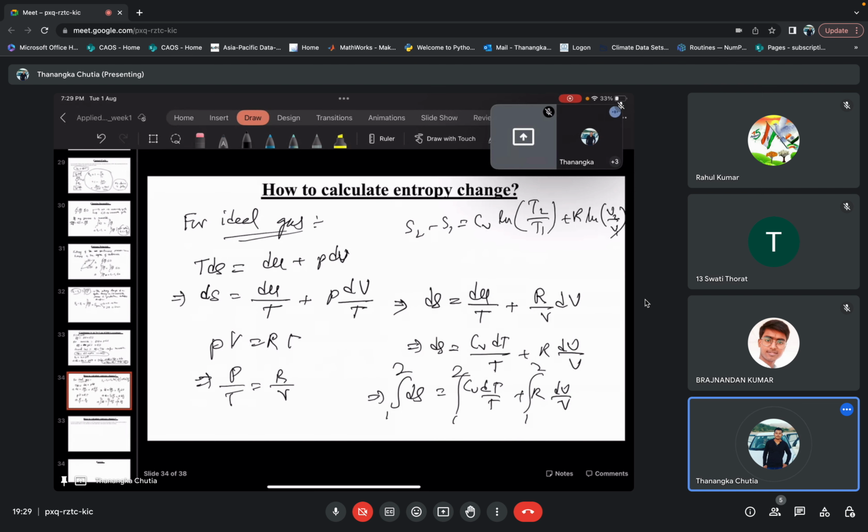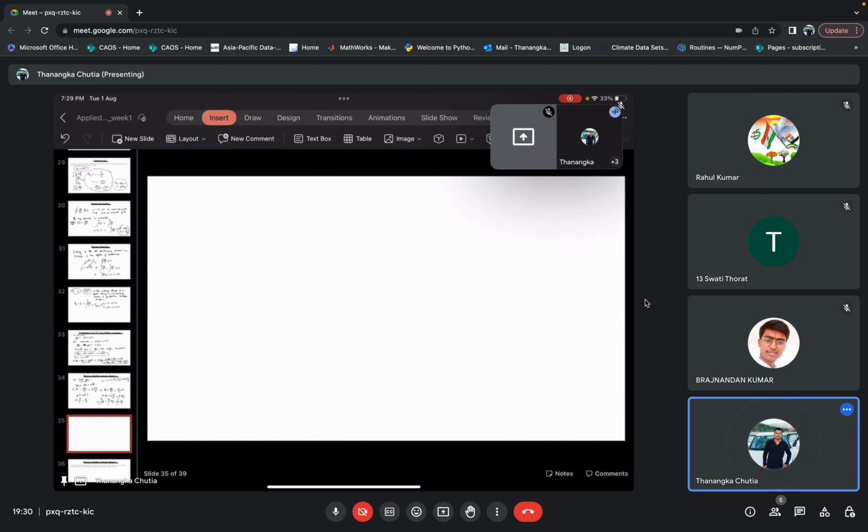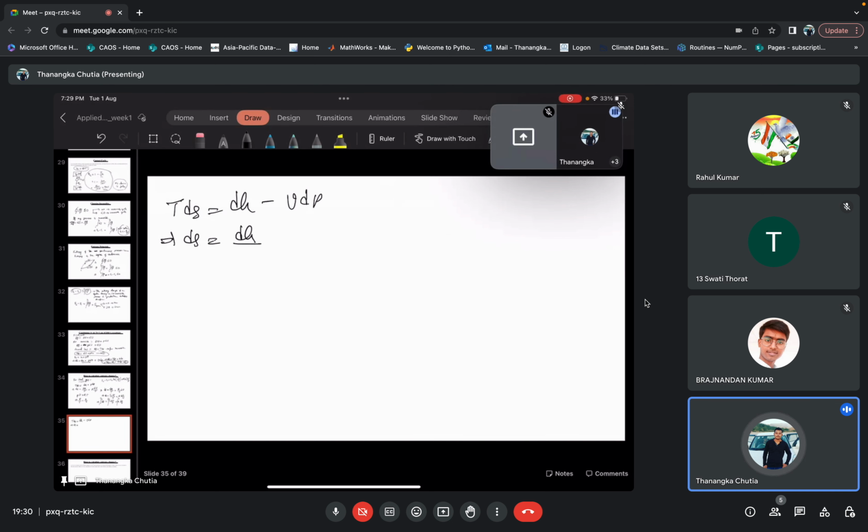Similarly, from the other equation, T dS = dH minus V dP, we can do the same thing: dH/T minus V dP/T.